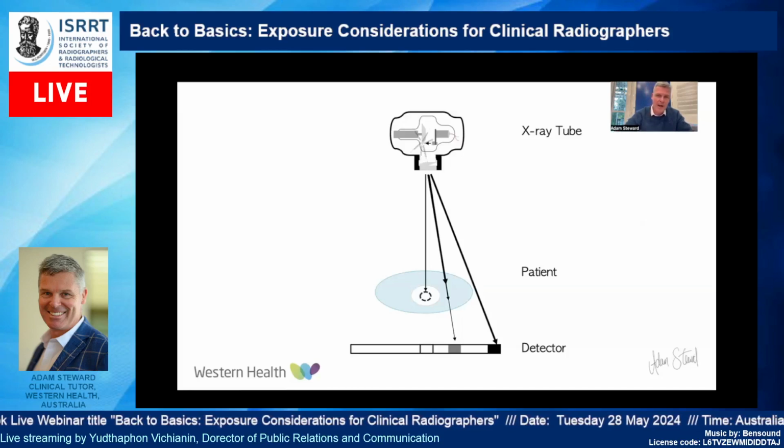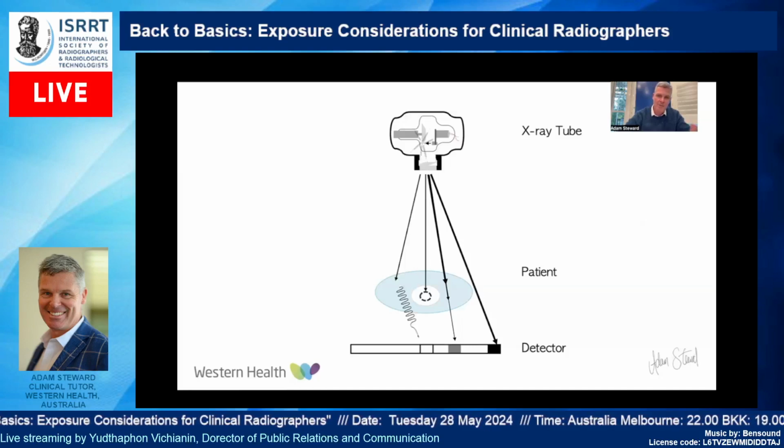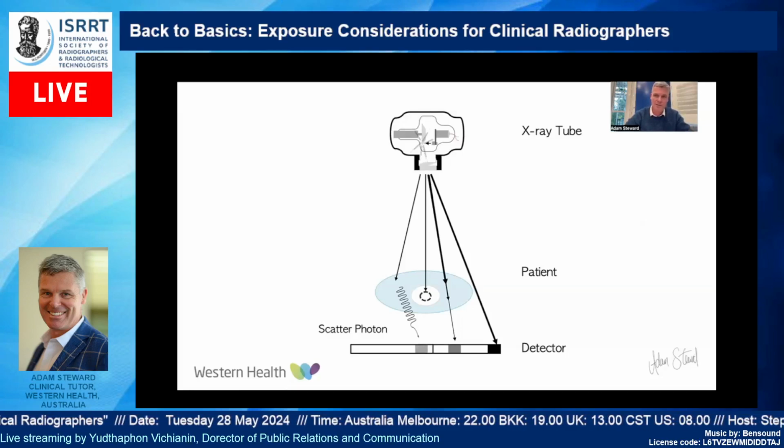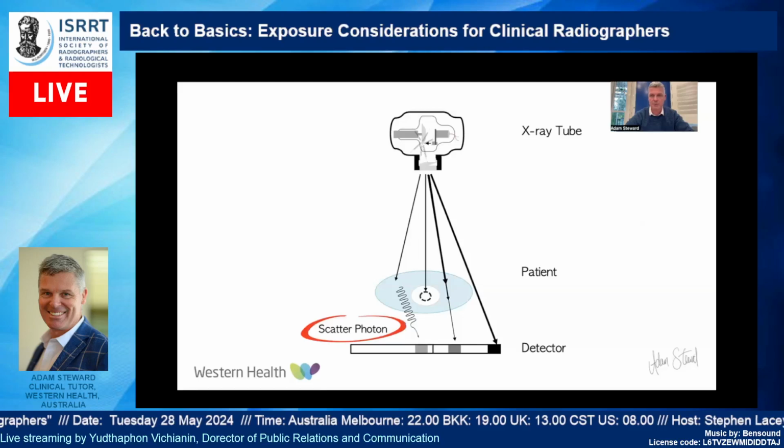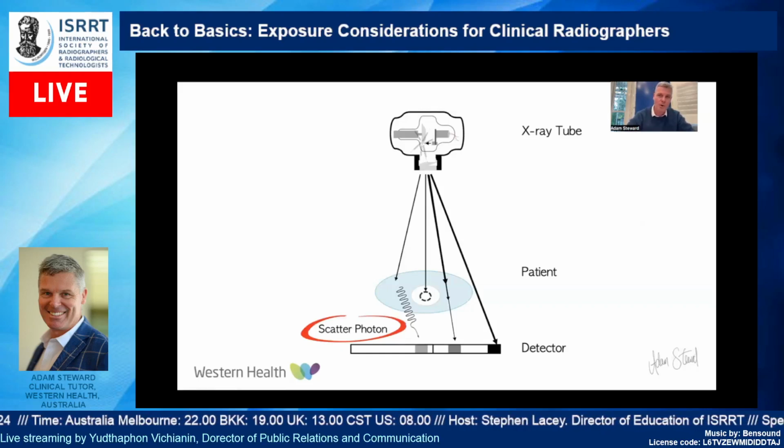And the fourth outcome, and again, there's multiple different ways, this is really simplifying it incredibly, is that you have the incident photon on the patient, it's partially attenuated, but it moves off in a different direction, and that's called scatter. That is a scatter photon, okay? And the scatter photon is incident on the detector, and it produces a different shade of grey in a space that's not supposed to, and that's why it compromises the quality of the image and the contrast of an image. The scatter photons are no good.